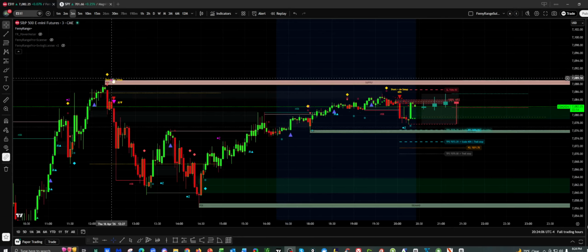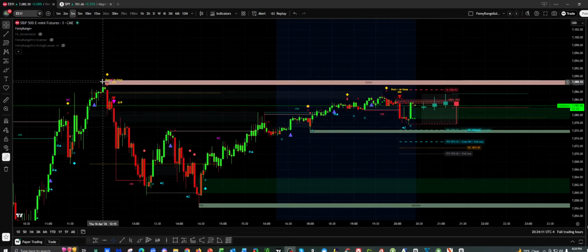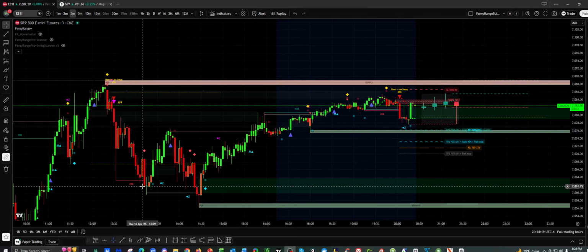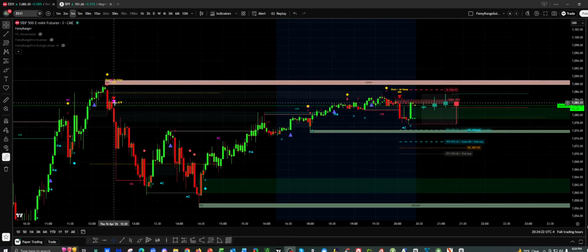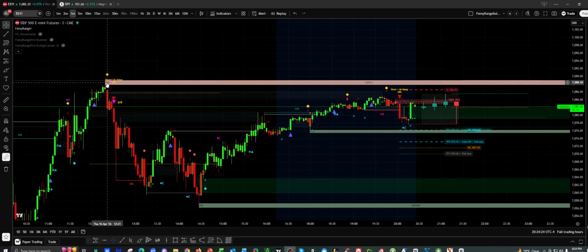Now, right here, you see a short A plus setup, 65%. So it gave us an A plus setup to the downside about 12 p.m. And you could see how the trade worked out. It worked out perfectly. But then it gave us another entry. So if you didn't catch this one, it gave you another one here. Then here it tells you there's a momentum that is coming to the downside.